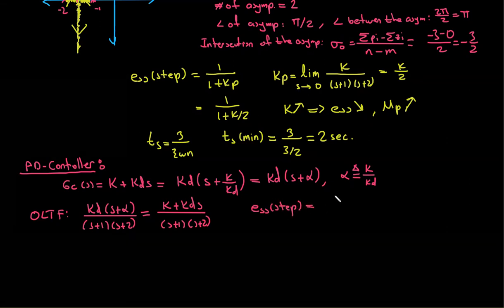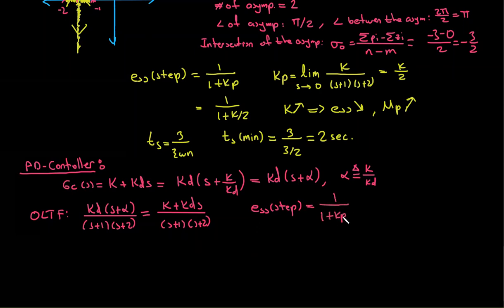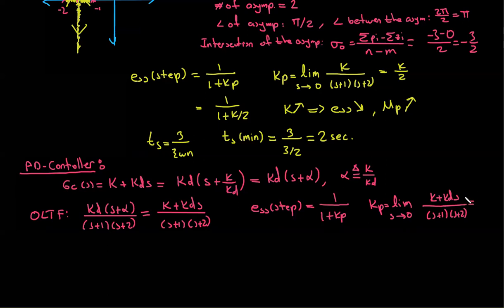It will be again simply equal to 1 over 1 plus kp, right? And kp is equal to the limit as s goes to 0 of (k plus kds) divided by (s plus 1)(s plus 2). And that's once again k over 2.